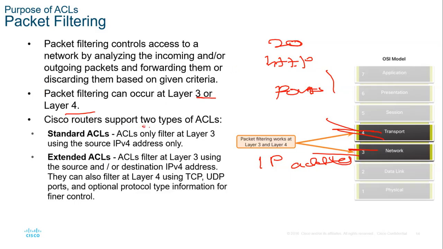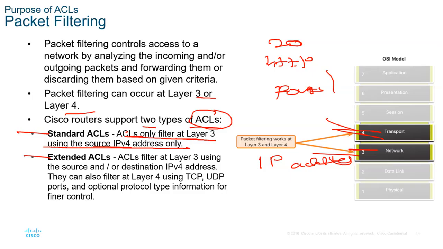A Cisco router supports two types of access control list: standard access control list and extended access control list. The standard one only filters at layer 3 using source IP addresses only.